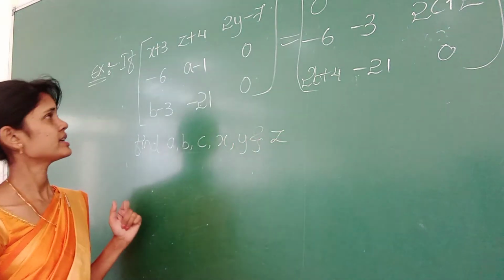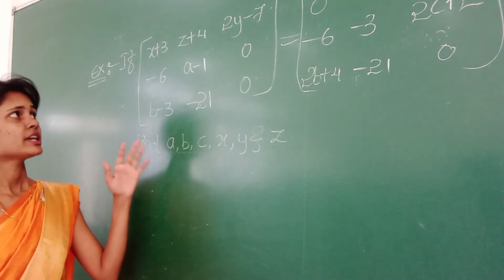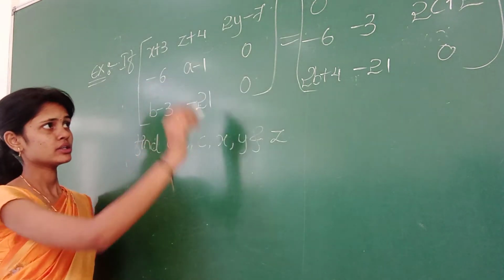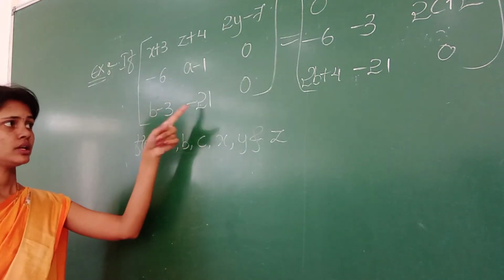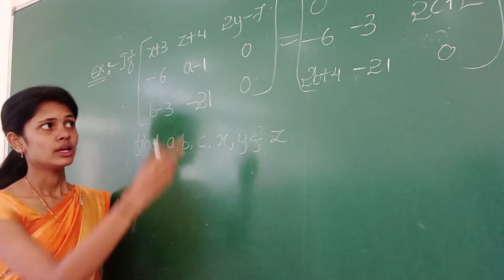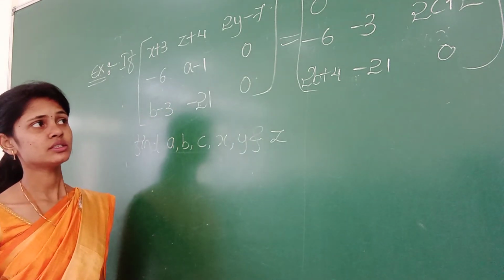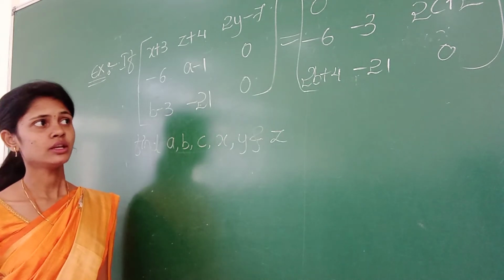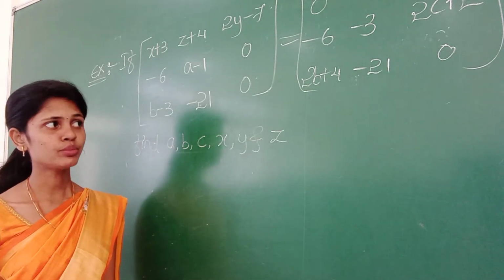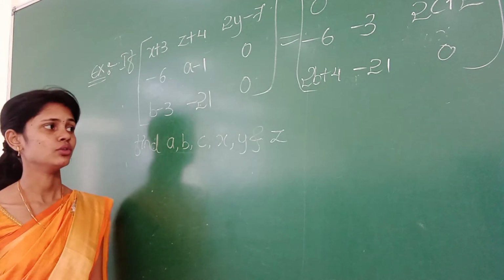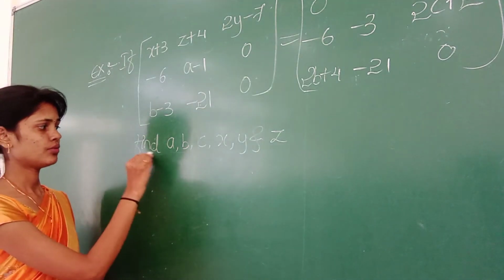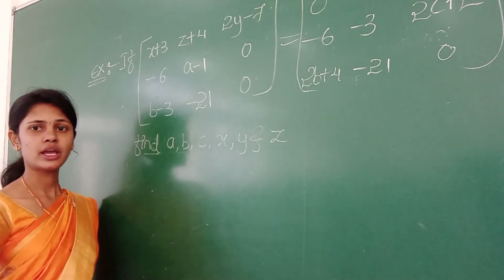So, consider one example. If the matrix [x+3, z+4, 2y-7; -6, a-1, 0; b-3, -21, 0] is equal to another matrix [0, 6, 3y-2; -6, -3, 2c+2; 2b+4, -21, 0], then find a, b, c, x, y, z.